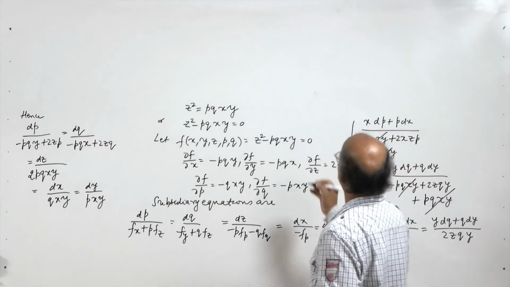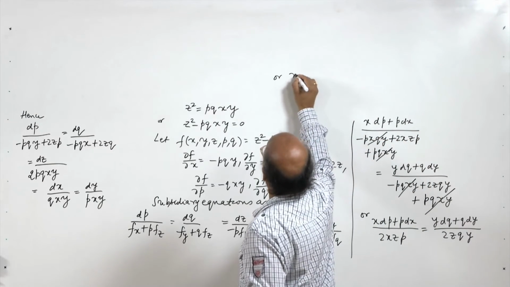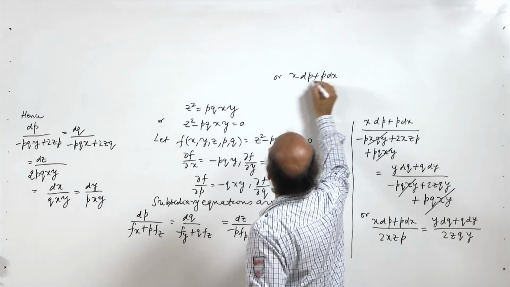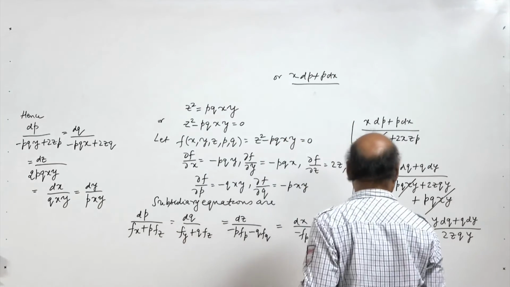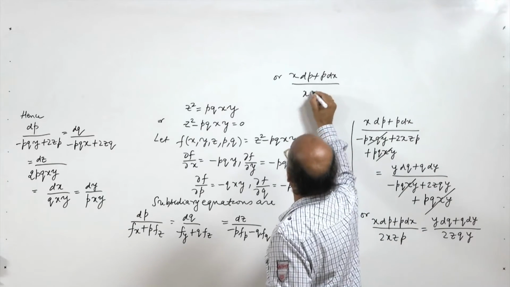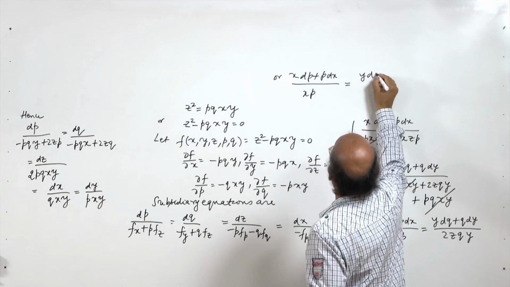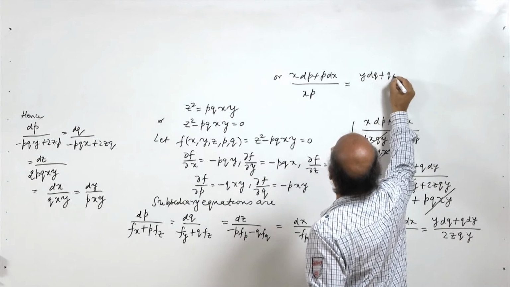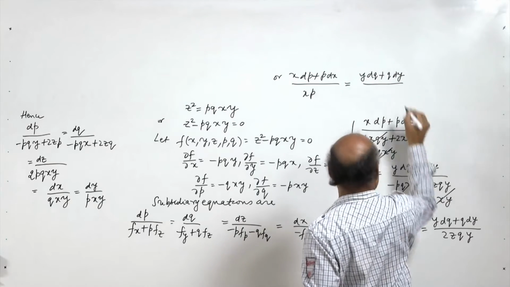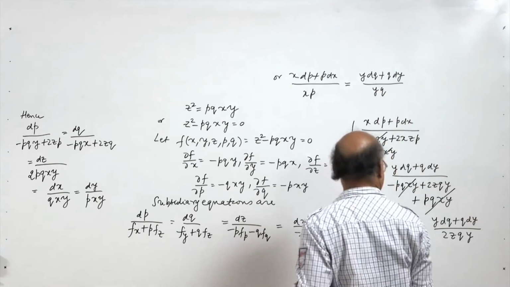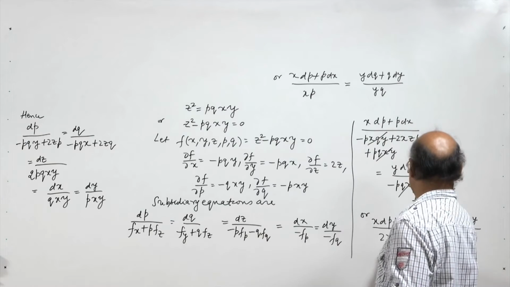Okay, or (x dp + p dx)/(xp) = (y dq + q dy)/(yq). The 2z we can cancel.